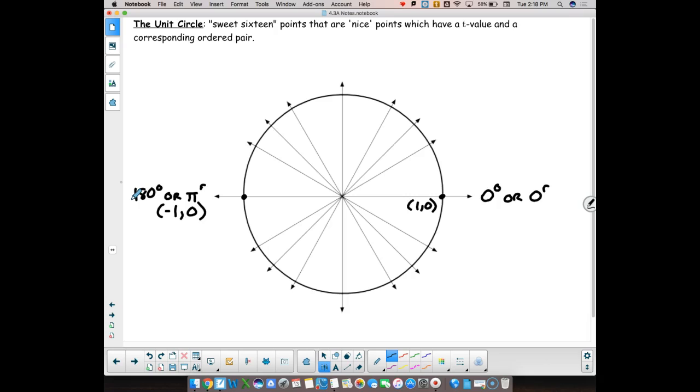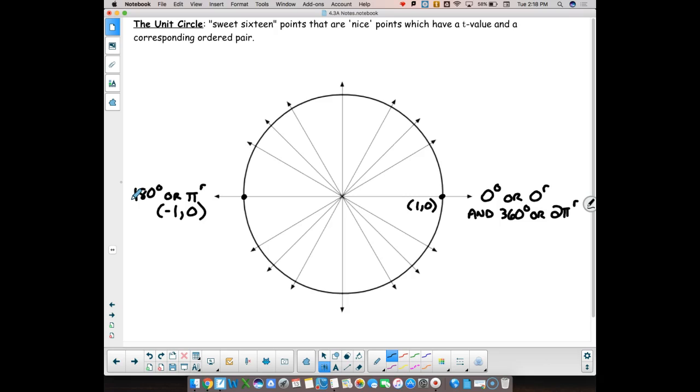Does that point have any other degree or radian measures associated with it? It's also 360 degrees. Or how many radians? 2 pi radians. Two down. 14 to go.